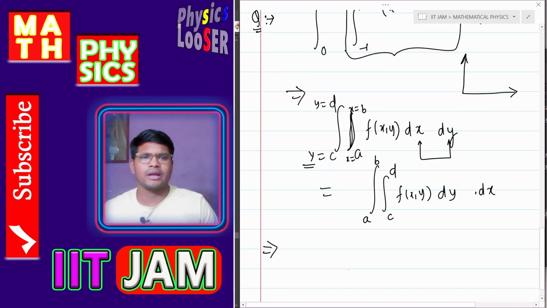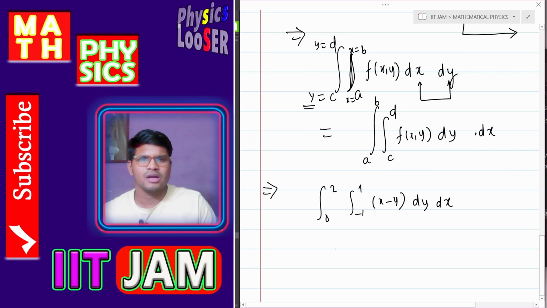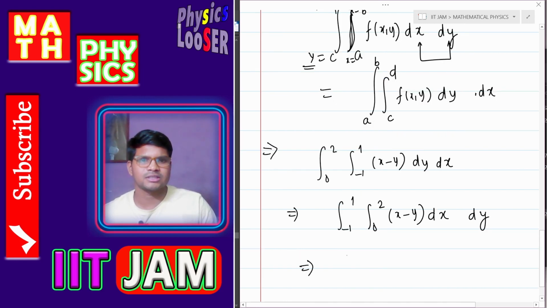So now what you can do over here for this type of problem, what I wrote is 0 to 2, minus 1 to 1, x minus y dy times dx. Now what you can do is I can simply say minus 1 to 1 over here, 0 to 2 over here. Now since 0 to 2 is taking the integral dx, and then I'm going to do this dy. So here I can just simply say minus 1 to 1, x square by 2, which is 4 by 2, and it will be 0, and yx would be 2, and then here it is 2, and dy.